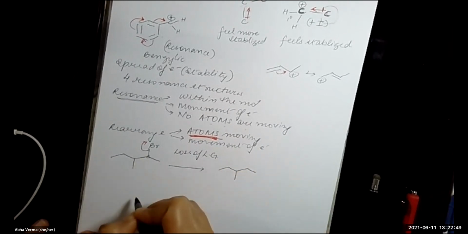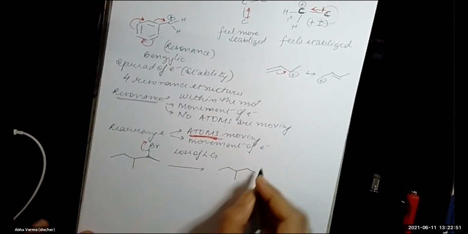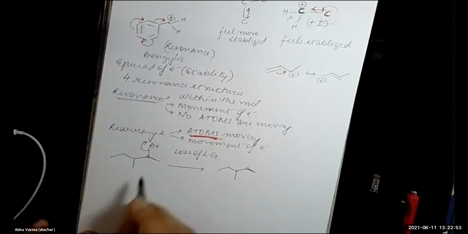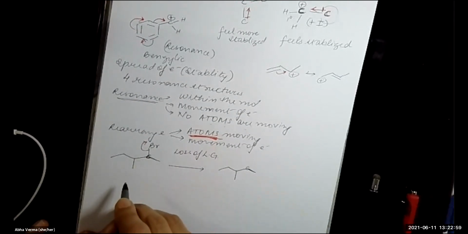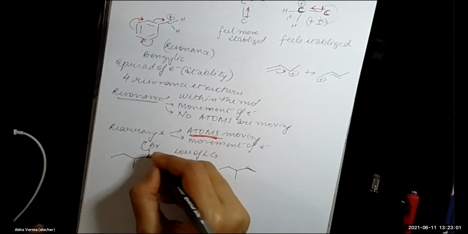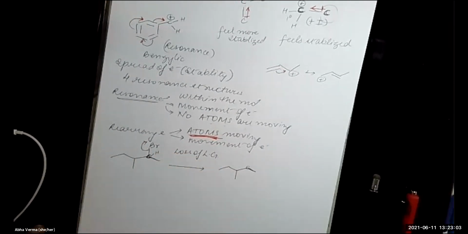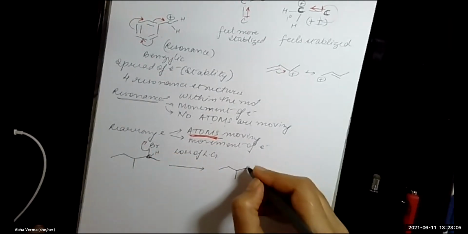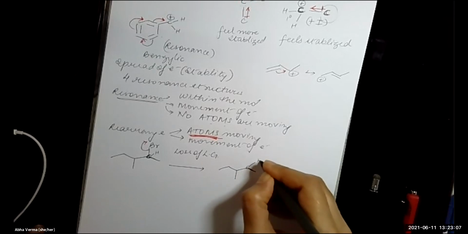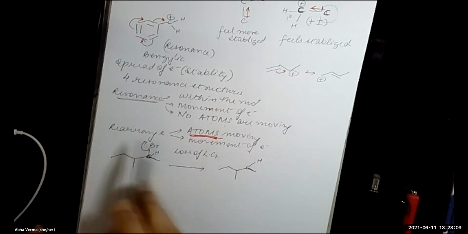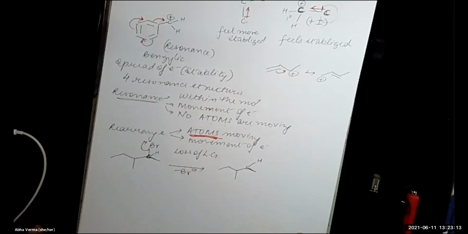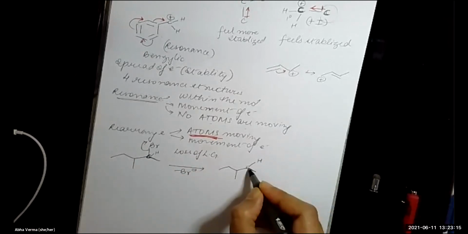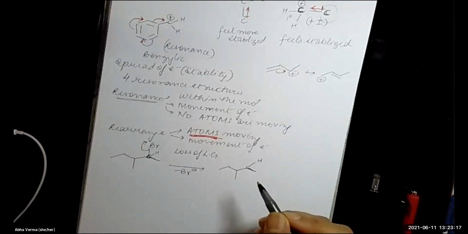This carbon has a methyl group. This carbon had a bromine. Are these the only 3 bonds this carbon has? No, there's a hydrogen also that this carbon has. So I'm going to keep my hydrogen here. But my bromine is gone now. So minus bromide. Is this carbon still neutral?